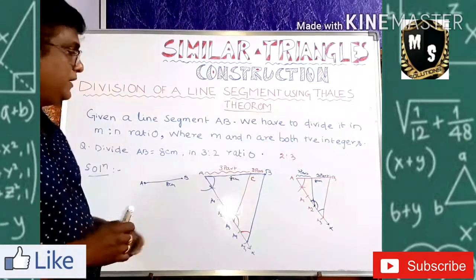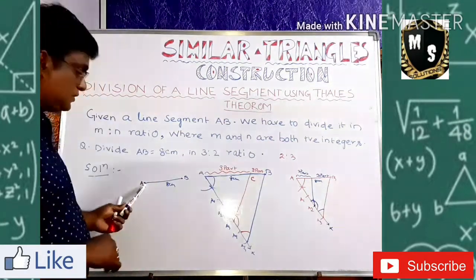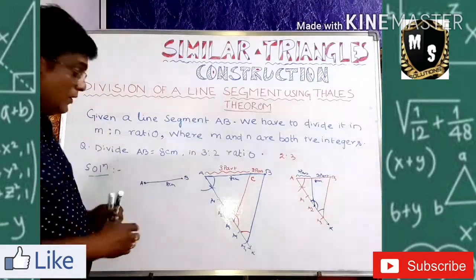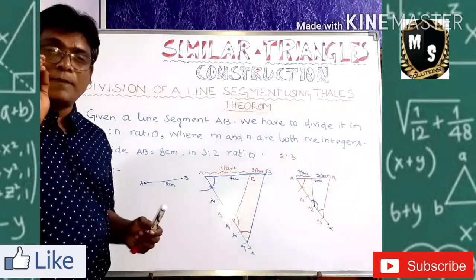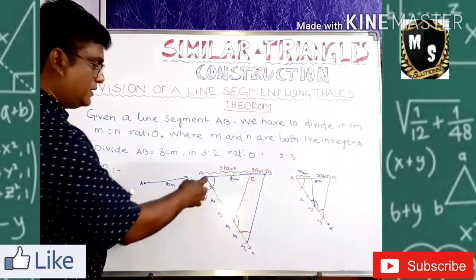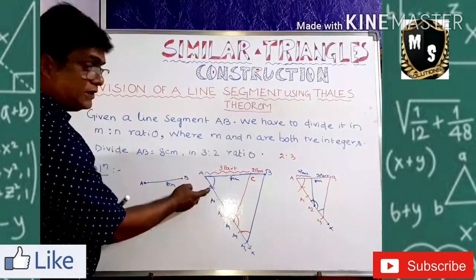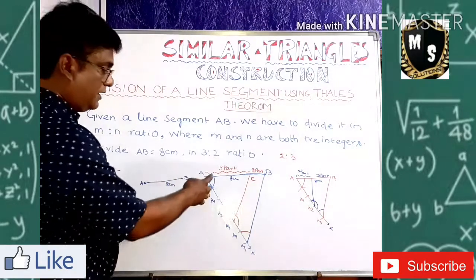When this type of construction is given, at point A, below, you have to take an acute angle. The easy acute angle is 60 degree. So draw a 60 degree at A, not up, below.